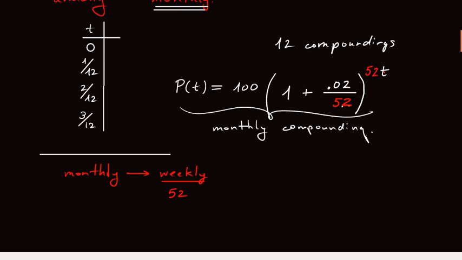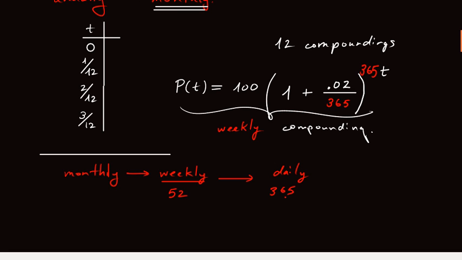Again, t represents the number of years. By making those replacements, this becomes the weekly compounding formula. And then you could do daily compounding. There are 365 days in the year, usually, so this would become 365, and this would become 365. So that's what happens when we compound in different periods of time.